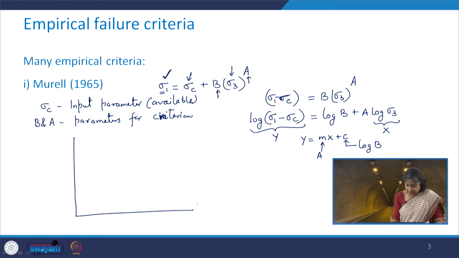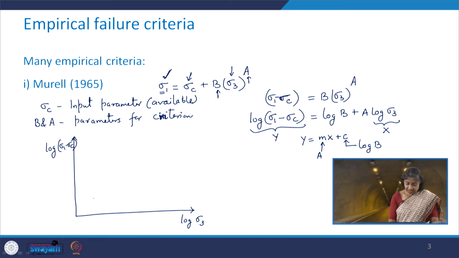I have the experimental data here with me. So, on the x axis I plot log of sigma 3 and on the y axis I plot log of sigma 1 minus sigma c.